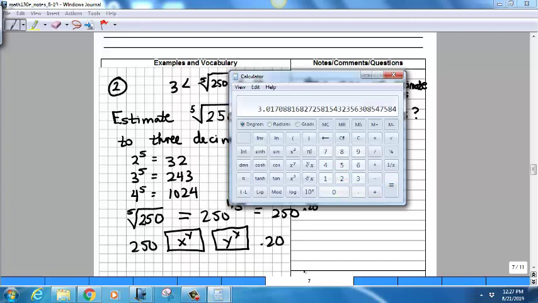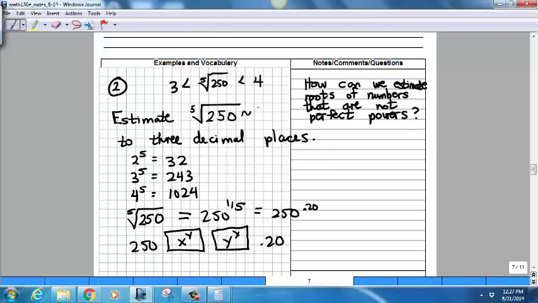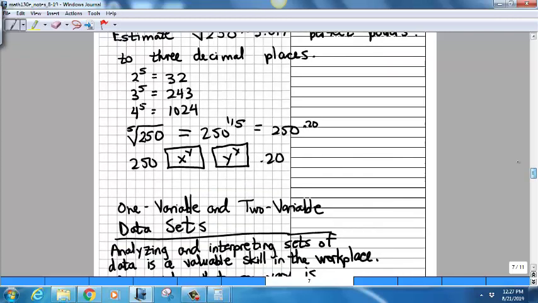So there's an estimate for the fifth root of 250. If we round that to 3 decimal places, what is that? Just 3.017. So approximately to 3 decimal places, we get 3.017.